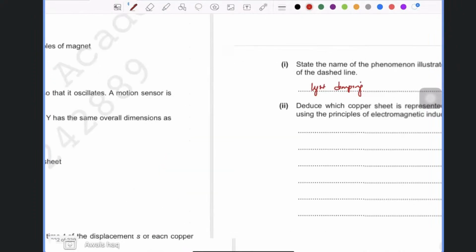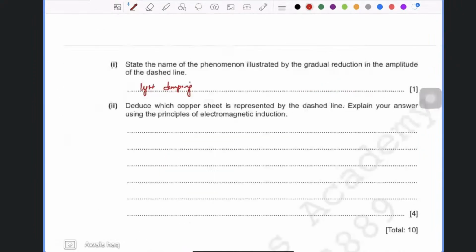If I were you, I would write that the second sheet has the solid line and the first one has the dotted line. That's the first statement, which will give me 1 mark.